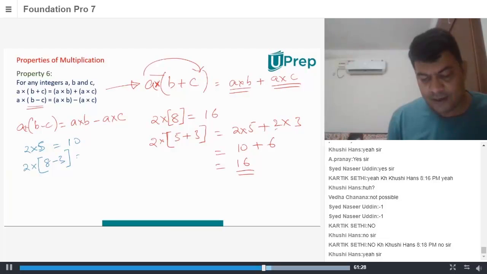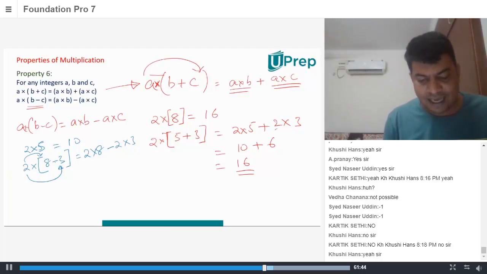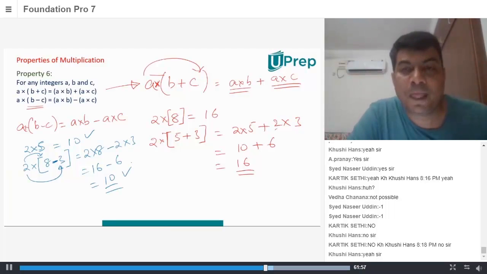Now let me use the distributive property. 2 into 8 minus 2 into 3. You are distributing the number to both and separating with the minus sign. So 2 into 8 is 16, minus 2 into 3 which is 6. 16 minus 6 is also giving you 10. So you can see the value is the same.